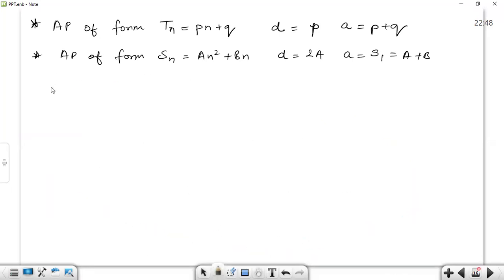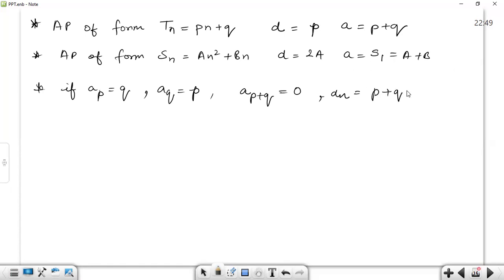Let's move forward to the next statement, which says if it is given to us that the pth term is q and the qth term is p, then the p plus qth term will be 0, and the nth term can we find it out by p plus q minus n?